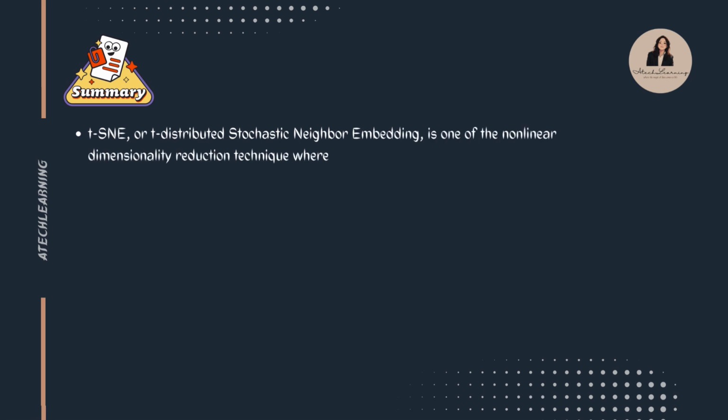To wrap up, t-SNE, or t-distributed stochastic neighbor embedding, is one of the non-linear dimensionality reduction techniques which helps to visualize high-dimensional data.